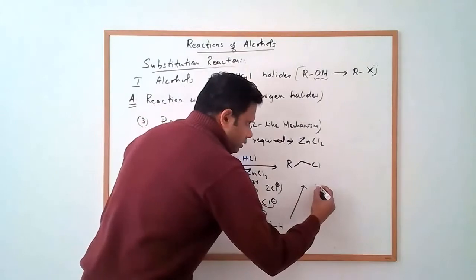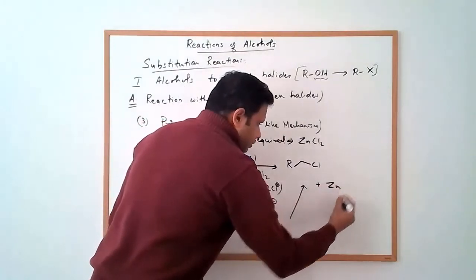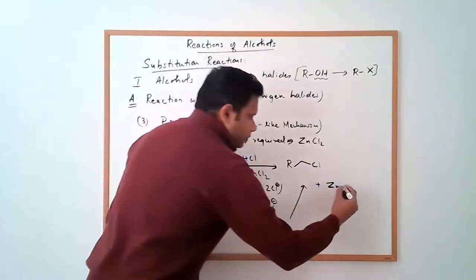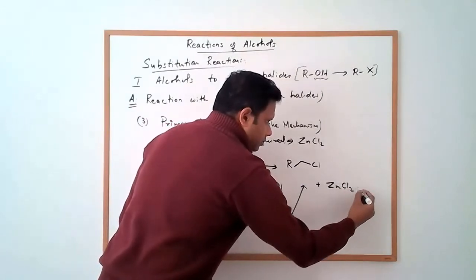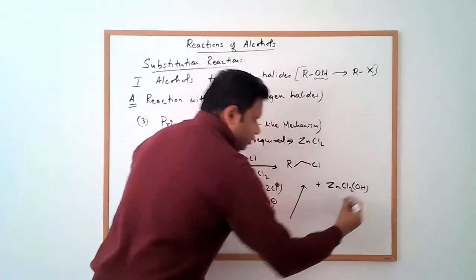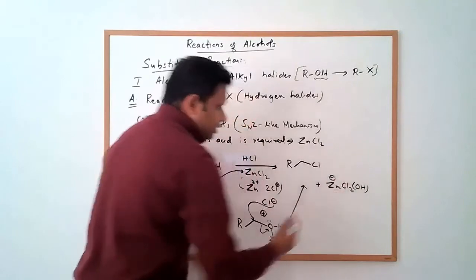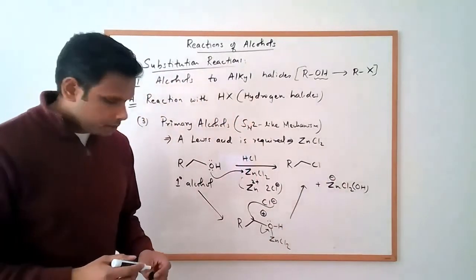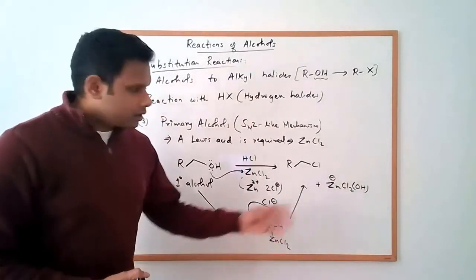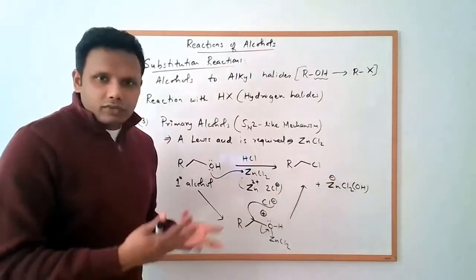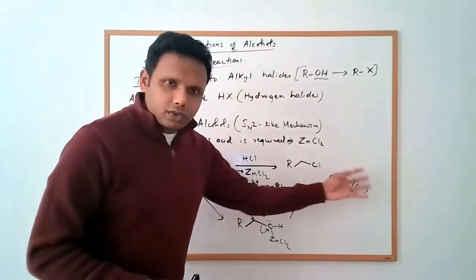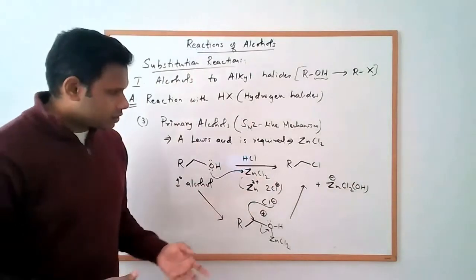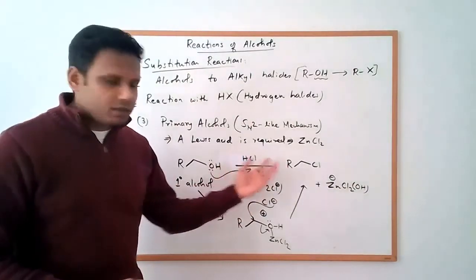release that leaving group, which brings us to the alkyl halide that we want. In this case, we're also making zinc chloride with a hydroxyl group on it, and this zinc would then have a negative charge on it. That byproduct that's forming is sort of irrelevant here. That charge could be balanced by another positive charge, like another zinc or a proton.